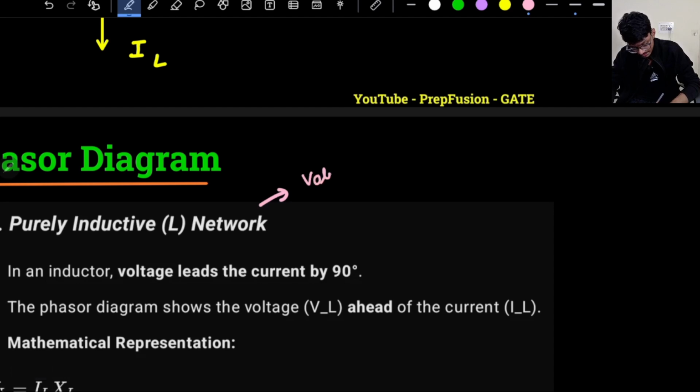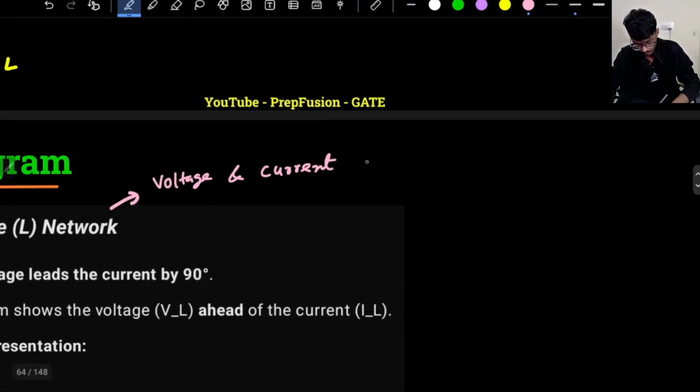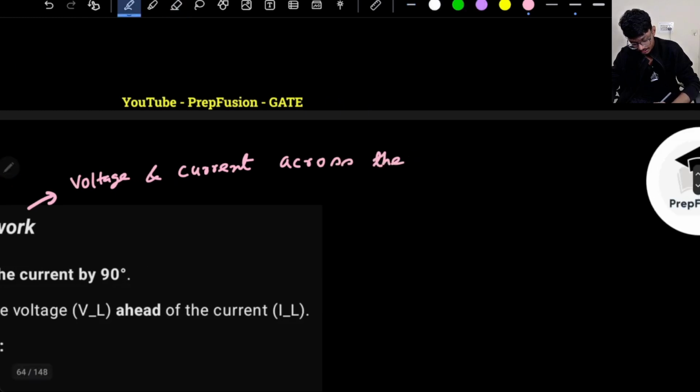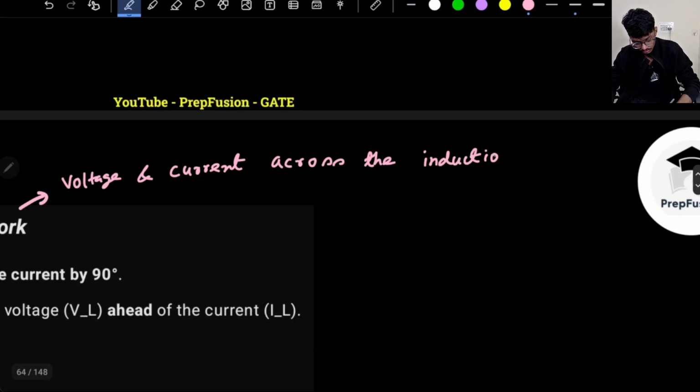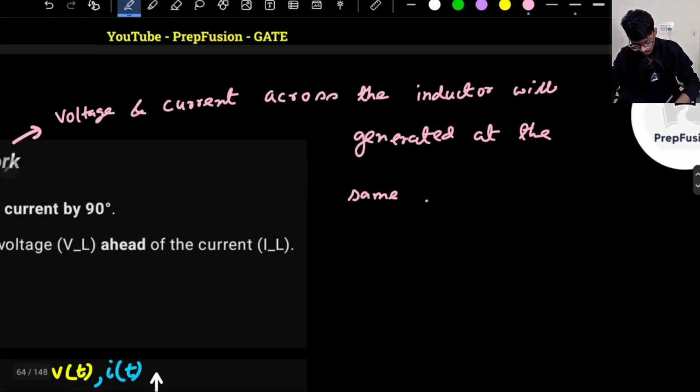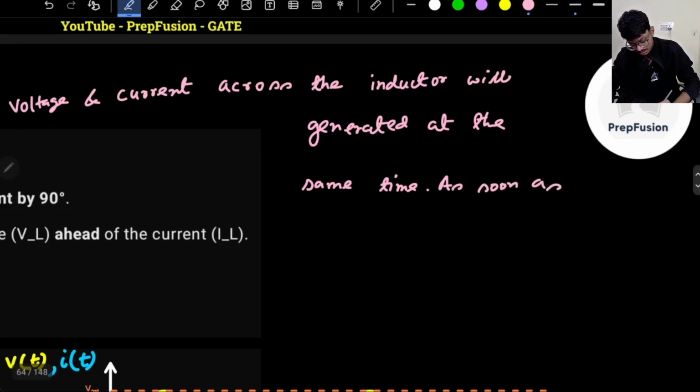So voltage and current across the inductor will be generated at the same time as soon as supply is applied.